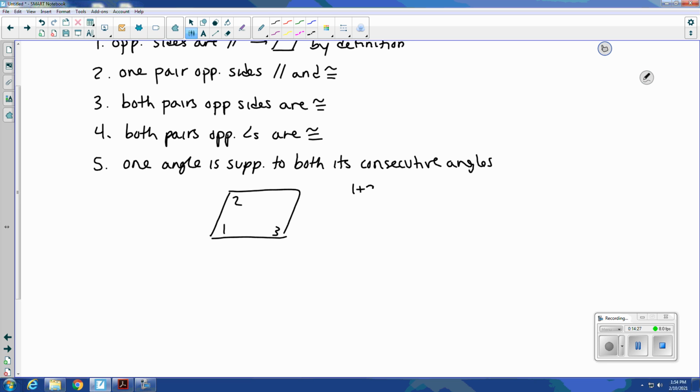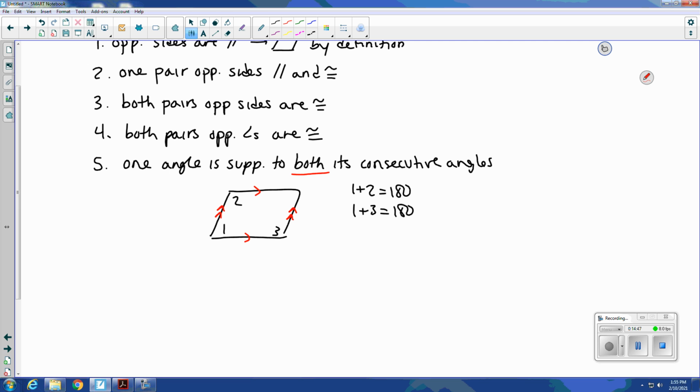If we know 1 plus 2 equals 180, and we know 1 plus 3 equals 180, then by the converse of same side interior, we know that this is parallel to this, and this is parallel to this. And opposite sides being parallel reveals that you do in fact have a parallelogram.